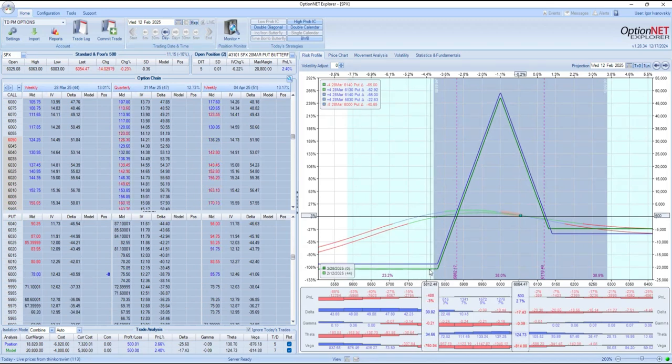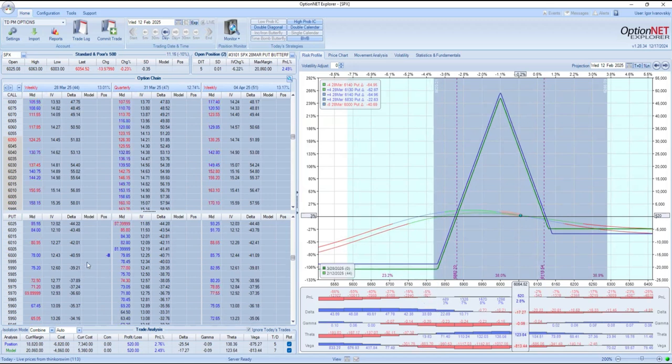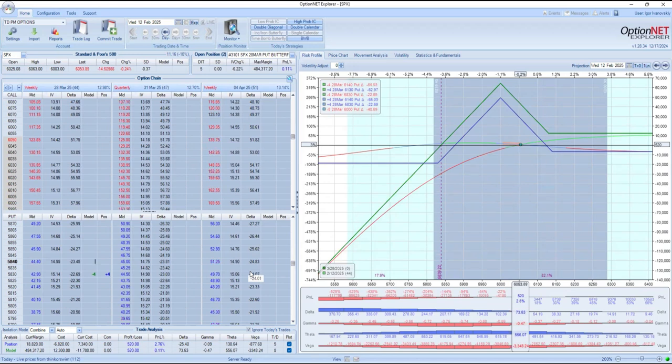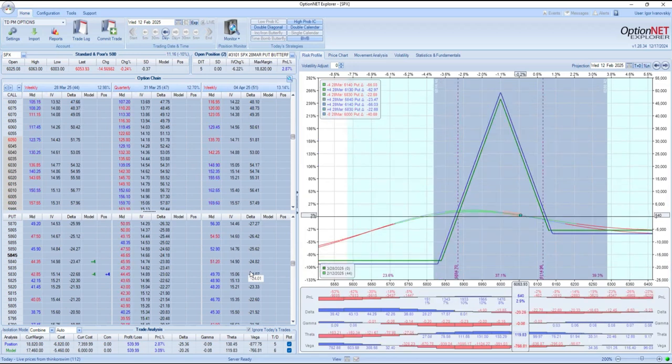If we wanted to bring the green line back towards the blue line, our graph at expiration, we would just have to roll the downside put maybe up 10 points and see what that looks like.